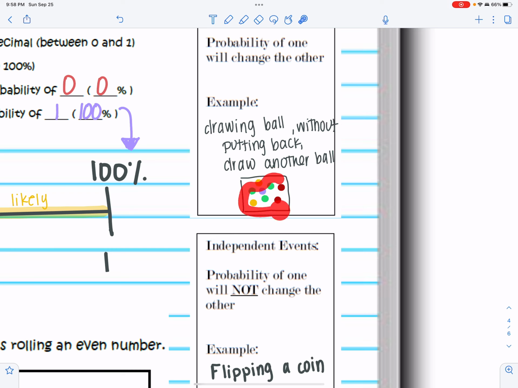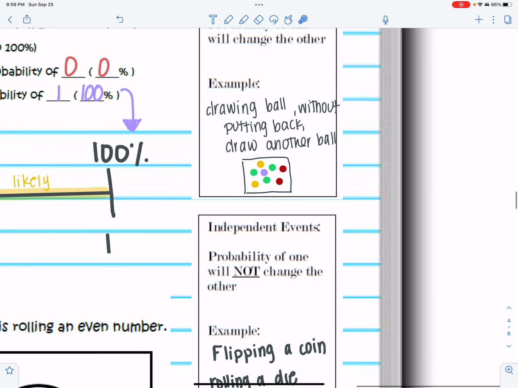Well, now I don't have that yellow ball, so that's going to change the probability of everything else inside. Again, we'll look at this more in detail, especially in Math 212. But just to give you an idea, anytime you see something about without, like you draw a card, you don't put it back, draw another card, or draw a sock out of a drawer without putting it back or without replacing, those are your clues to a dependent event.